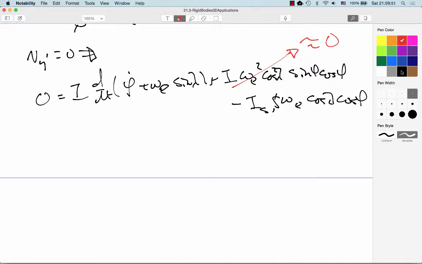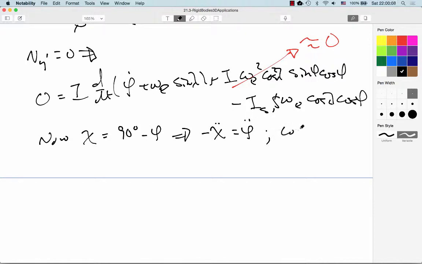Now, it'll be convenient for us to recall that chi is the complement of phi. So that means that minus chi double dot is equal to phi double dot, and cosine phi is equal to sine chi.